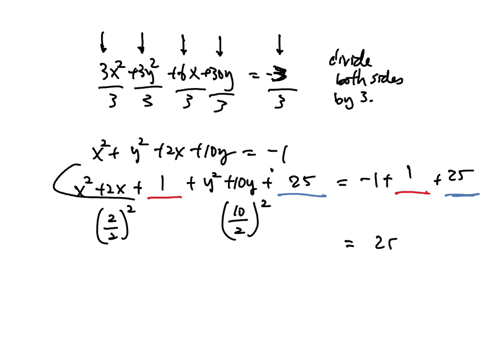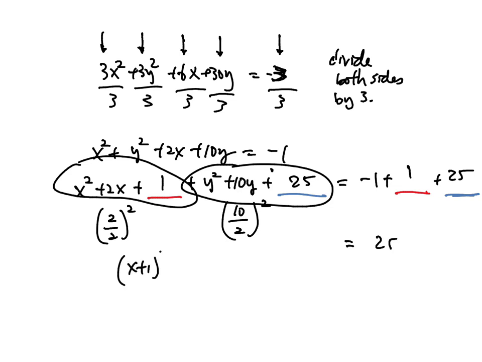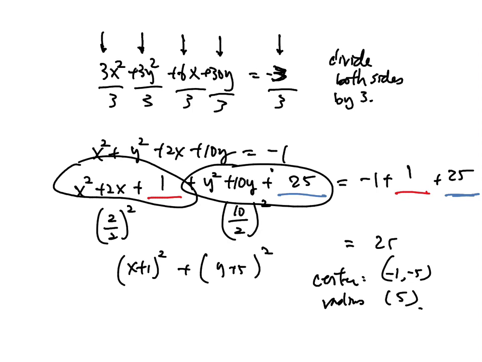On the left hand side, x squared plus 2x plus 1 is x plus 1 quantity squared, plus y squared plus 10y plus 25, that is y plus 5 quantity squared. So in this case, our center is -1, -5, and the radius is 5.